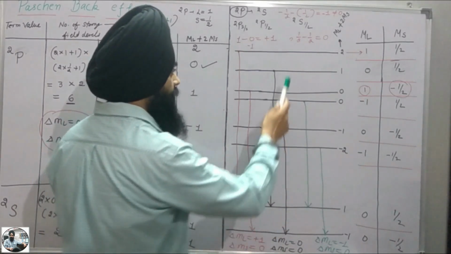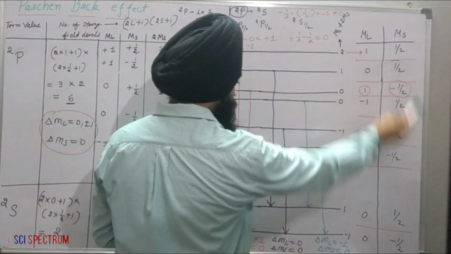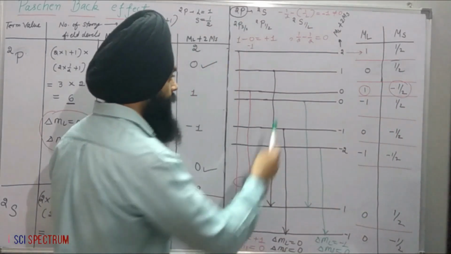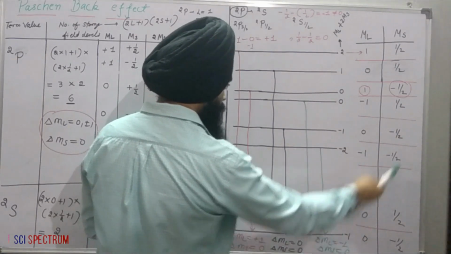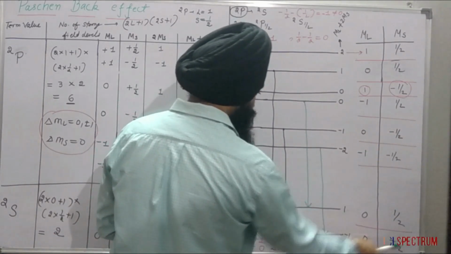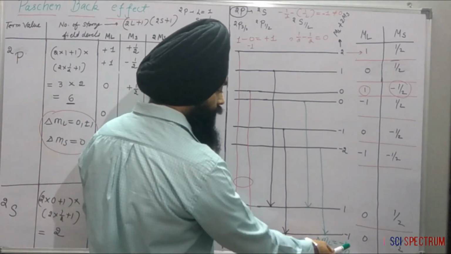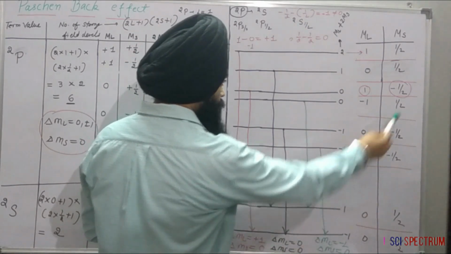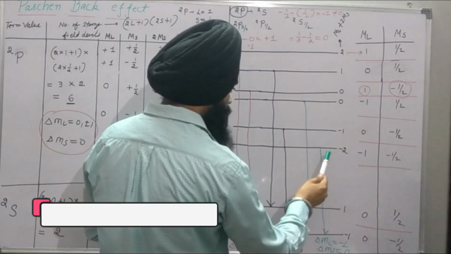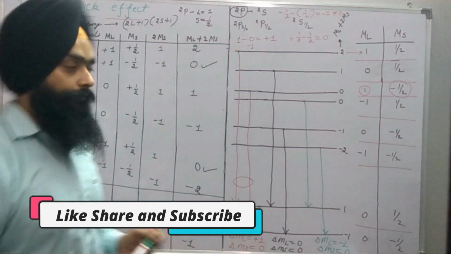For delta ml is equal to 0, we have 0 to 0 transition and ms value is half to half, again 0, and in this case we have 0 to 0 transition and minus half to minus half, again 0. So for the case of delta ml is equal to minus 1, we have minus 1 to 0, half to half, and we have minus 1 to 0, minus half to minus half.